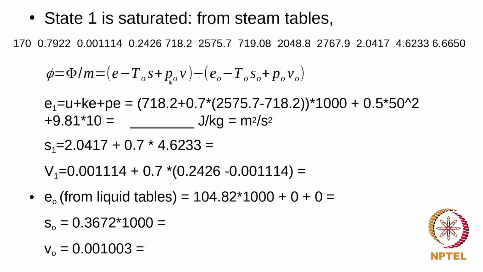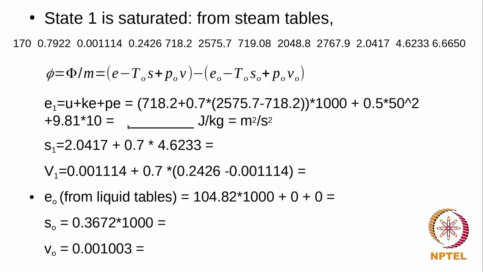And the third value is P naught, which is the reference pressure, given as 1 bar, into the specific volume. And again, this should actually be small v. It has been auto capitalized. So small v is essentially Vf plus x into Vg minus Vf, and we can get this value. Multiply that by the pressure in pascals, and we should get something in joule per kg.